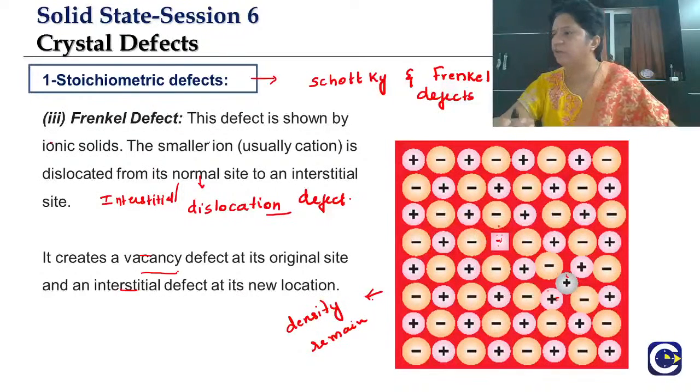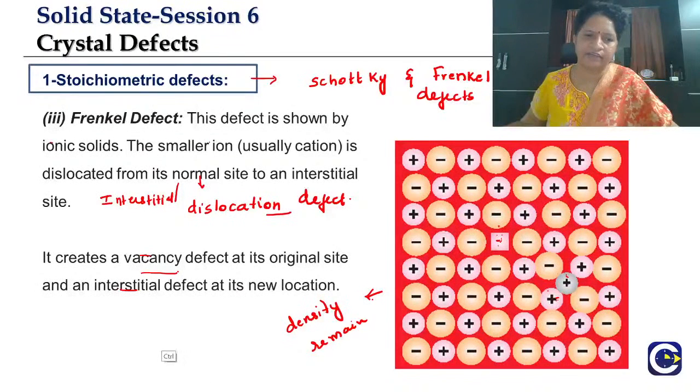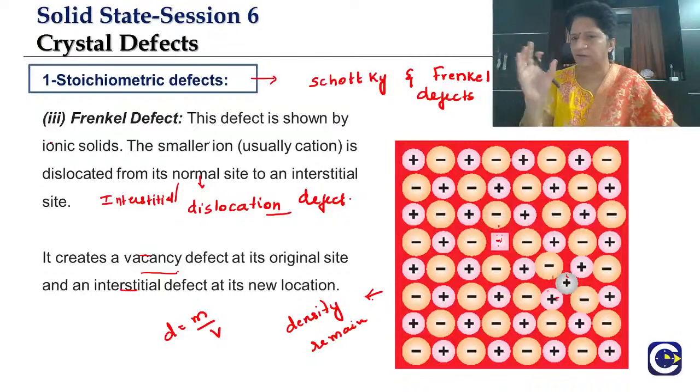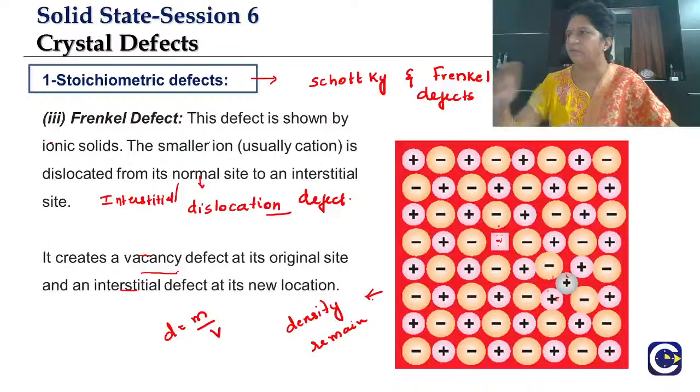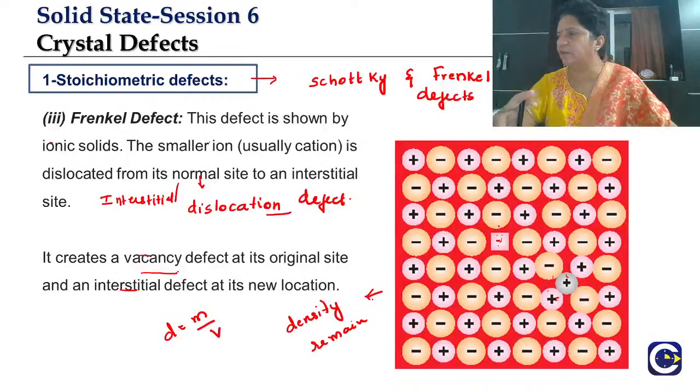What is happening to the mass? How do we calculate density? Density is mass by volume. The volume remains the same; we are not changing the volume. And what happens to the mass? If it goes away from this particular crystal lattice, there is empty space in the volume. It's only changing place, Aditi, but the mass is remaining the same.